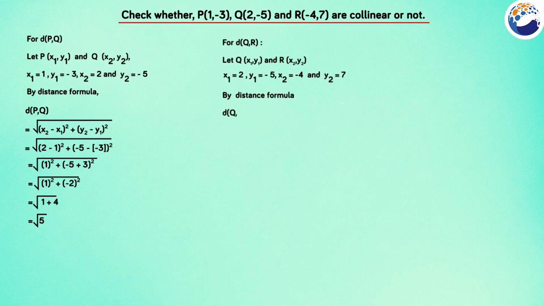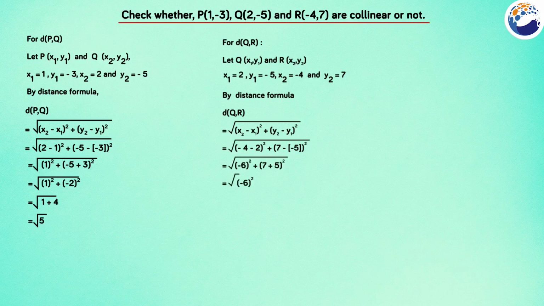Distance between points QR is equal to square root of (x2 minus x1) the whole square plus (y2 minus y1) the whole square, is equal to root of (minus 4 minus 2) the whole square plus (7 minus minus 5) the whole square. That is equal to square root of (minus 6) square plus 12 square, which is root of 36 plus 144, is equal to root of 180. We get 6 root 5.